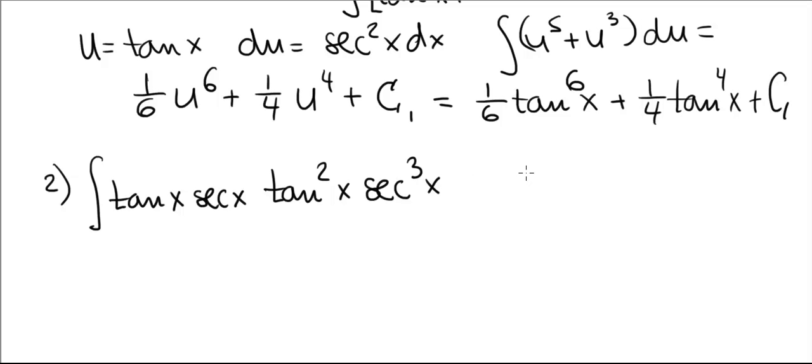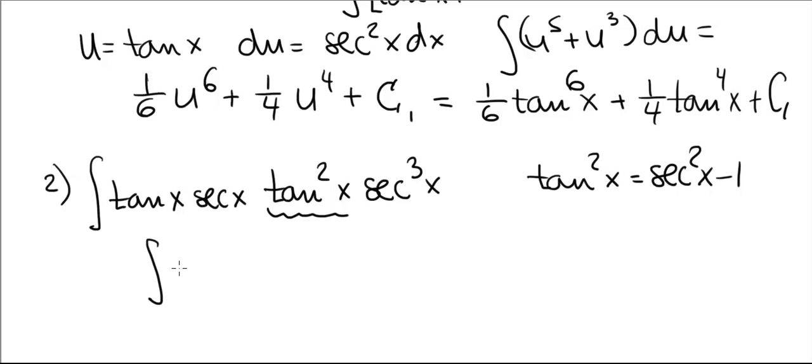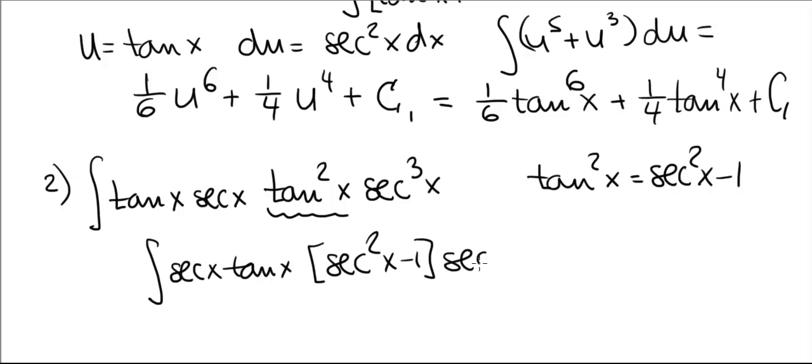And once again, we'll be using the same identity, but this time we'll solve for tangent squared. Tangent squared equals secant squared x minus 1. So this tangent squared will be replaced with secant squared minus 1. And that leaves secant x, tangent x. Then tangent squared becomes secant squared x minus 1 times secant cubed x dx.